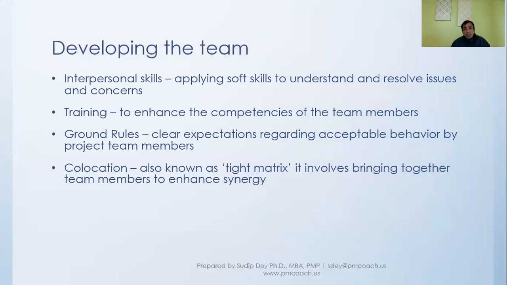Co-location, also known as tight matrix, which is co-location. When you talk about co-location, it is basically bringing the team into the same physical space. When people are working in the same physical space, there is more bonding, and it is a preferred way in many projects, especially in the agile approach. It is said that ideally the team should be co-located.